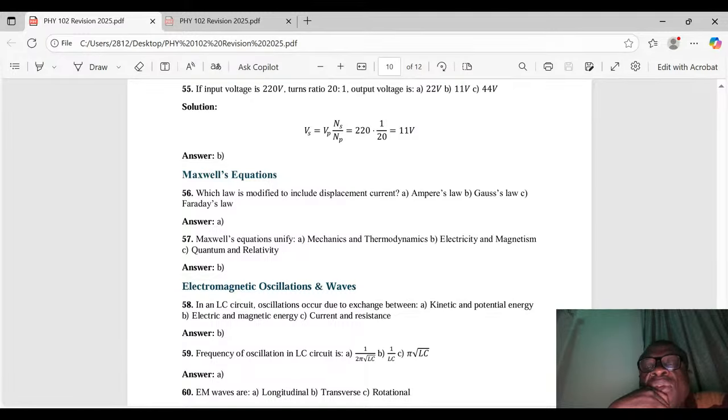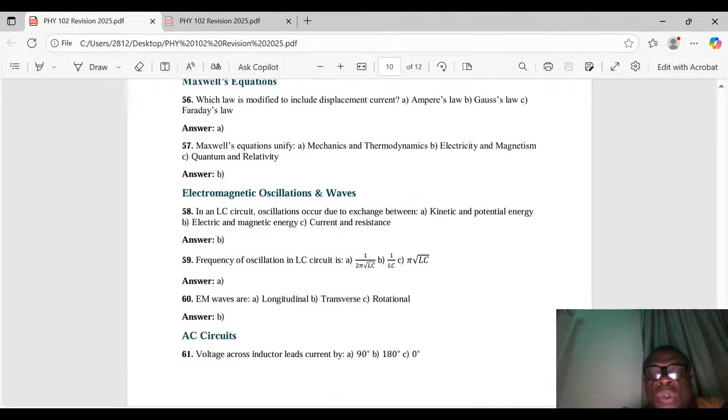And by the time you do that, you have 11 volts. Whereas the input is 220, the output is 11. So we are talking about a step down transformer. So the correct answer is B. So we'll move to question 56.